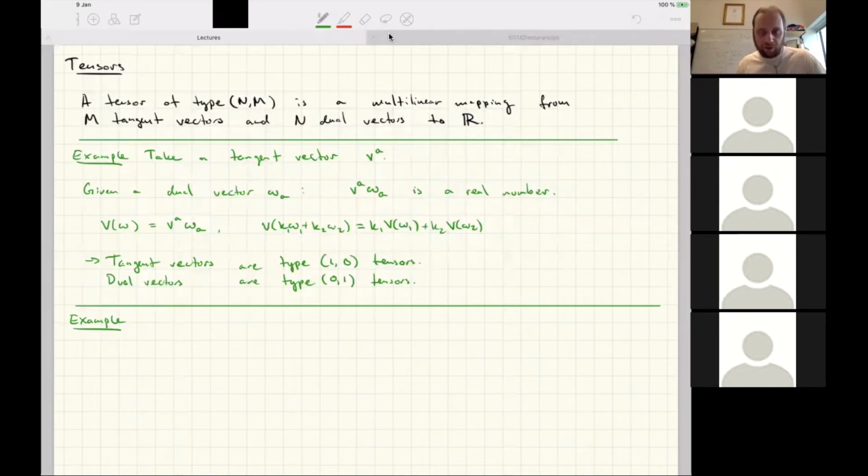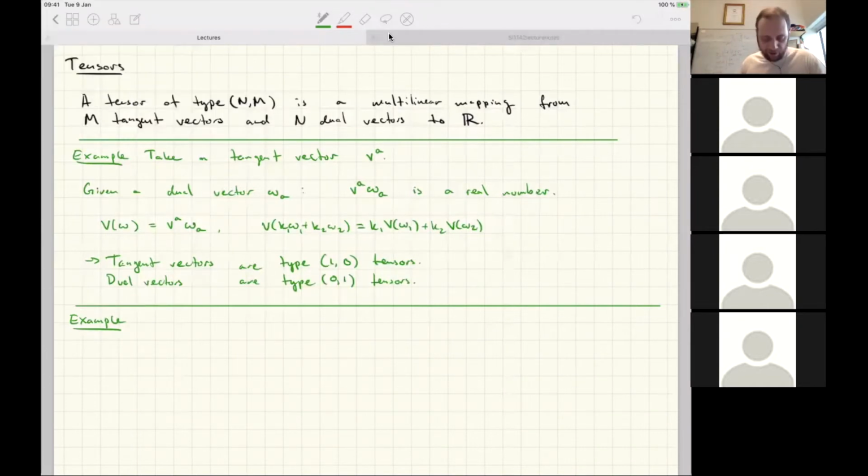An alternative form of this that I wrote up here is that if you see 0 M tensors as maps from M vectors to real numbers, then a type N M tensor is a map from 0 M tensors to 0 N tensors. But let's not go too much into that. But it's clearly another example.